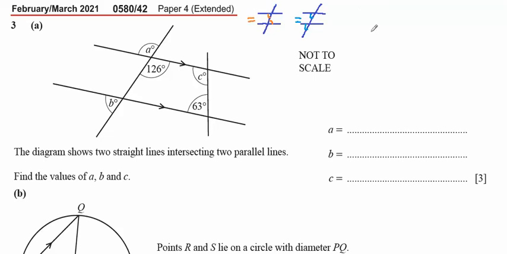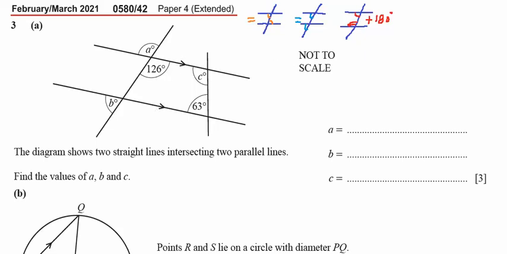And then the third is that when two parallel lines are cut by a transversal, the two angles which are inside the two parallel lines, like this angle and this angle, are not equal, their sum is 180. So they add up to 180. Okay, so these three properties we can use here.